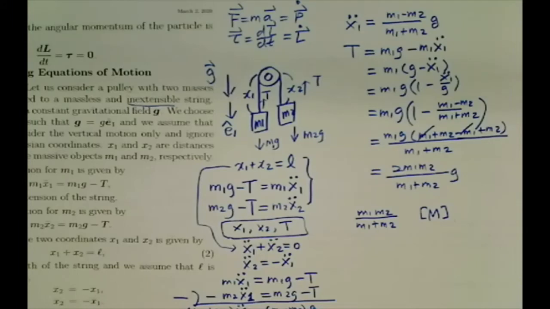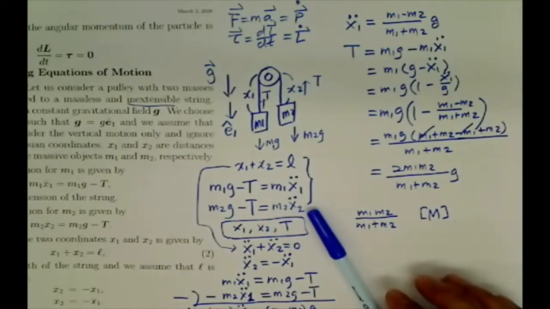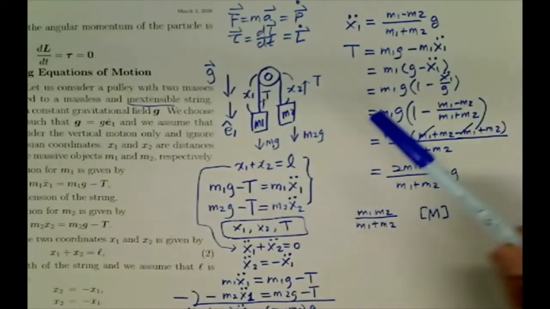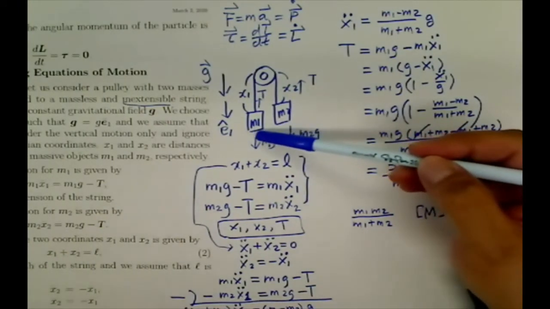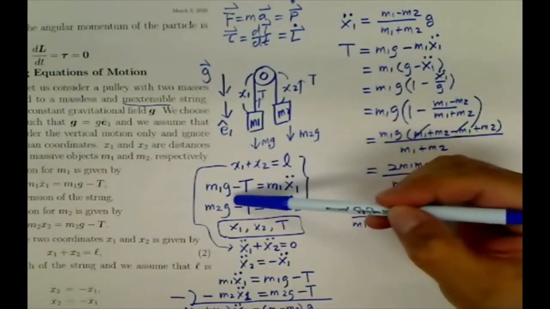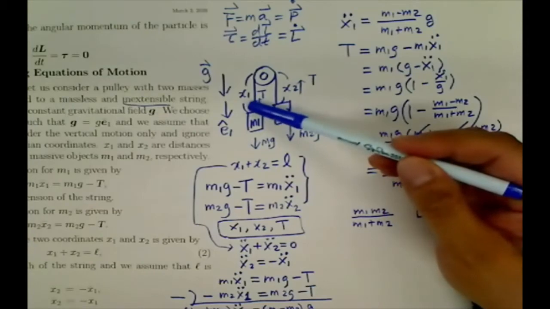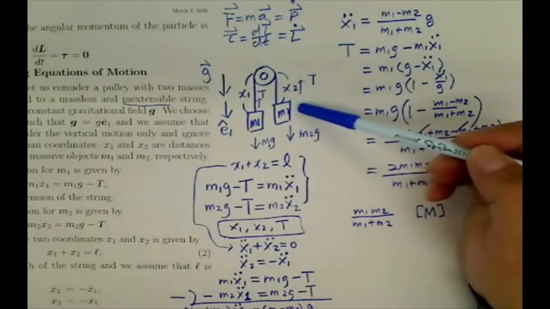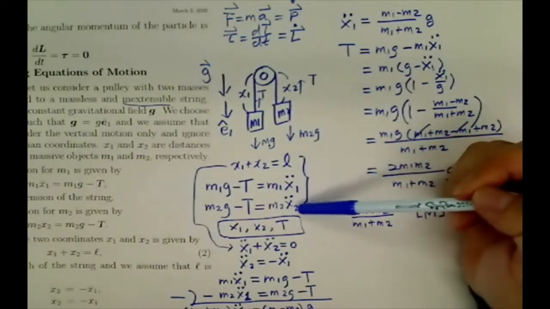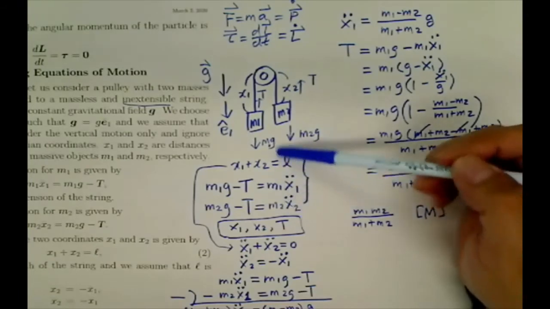The equations of motion for the left one and right one are written in this way: m1 x1 double dot, m2 x2 double dot. The left one accelerates in this way, so I have a force m1g, tension is backward, and on the right-hand side m2g is along the x2 direction.